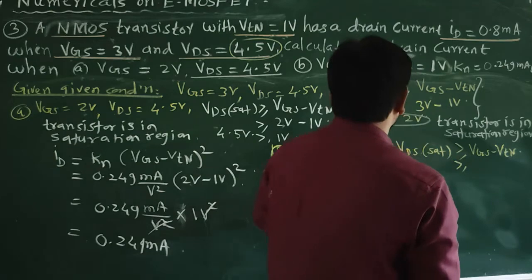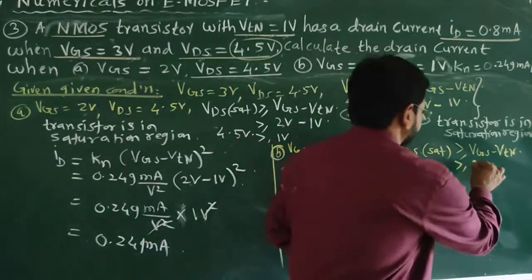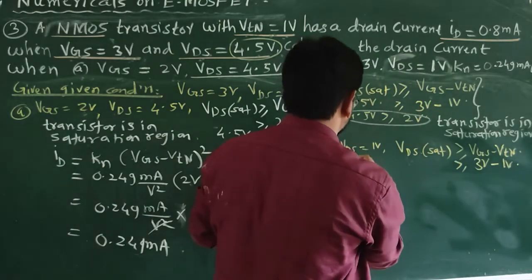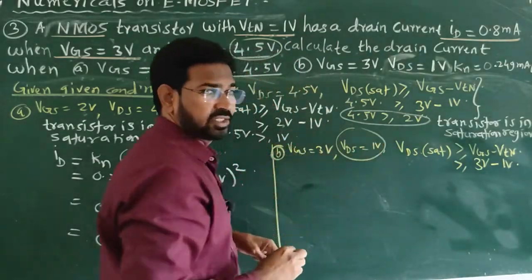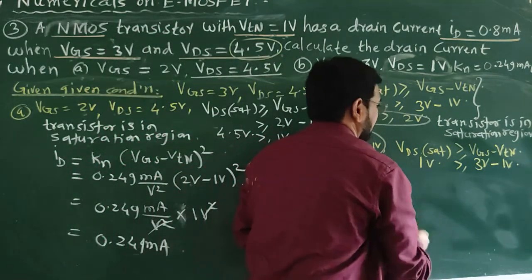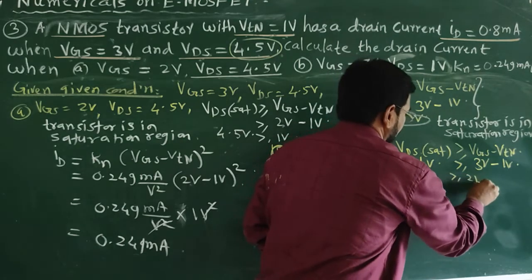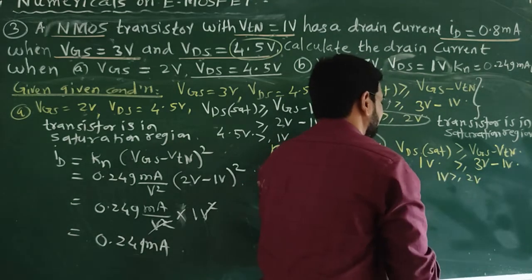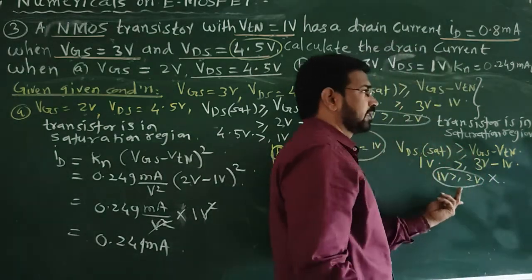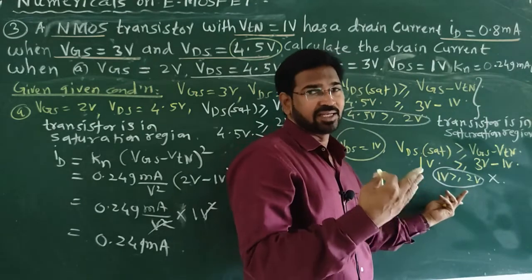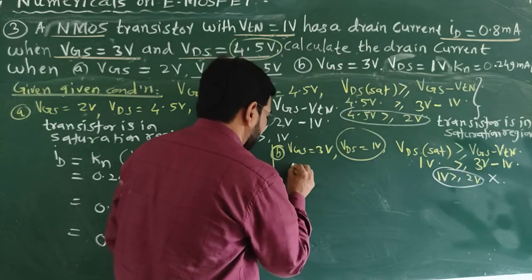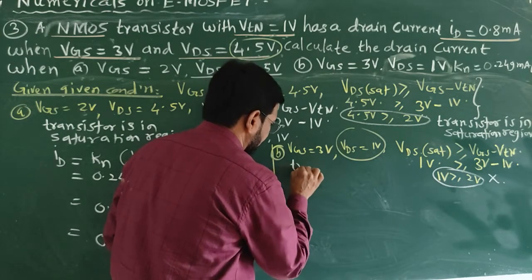So, VGS is 3 volt minus 1 volt, and VDS in this case is not 4.5 volt, it is 1 volt. So, 3 minus 1 is 2 volt, and VDS is 1 volt. So, this is not true. It means the drain voltage is less than saturation voltage VDS sat. Therefore, we can say that transistor is in non-saturation region.